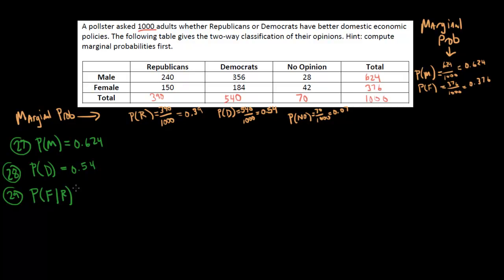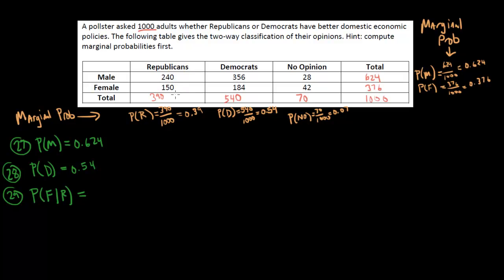So remember how we do this. We look at our chart. We're assuming that this person that's randomly selected is guaranteed to be Republican. Once we know that that person's Republican, that person is in this column right here, the Republican column.